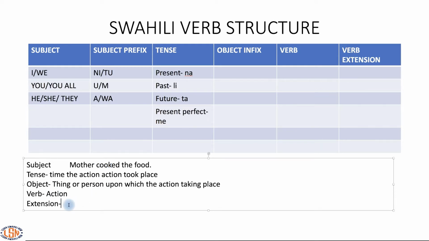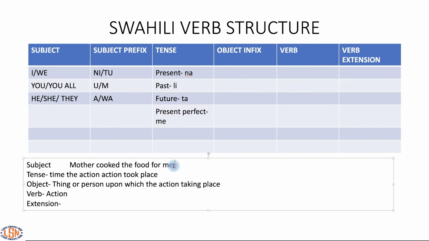And how about the extension? Now, this is what we use to show the relationship between the actors and the objects or the things upon which these actions are taking place. So for instance, mother cooked the food. What if we wanted to say for somebody? So for me.